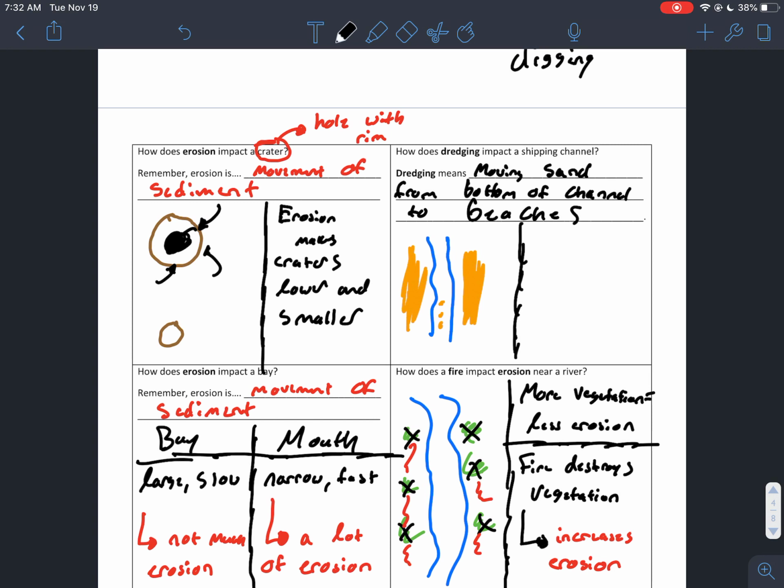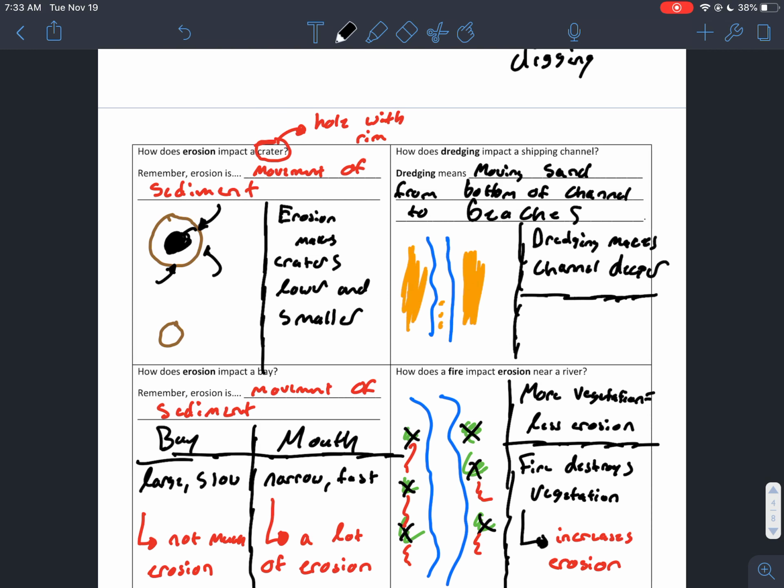So then let's think what happens. Dredging means moving sand from the bottom to the beaches. So if you're digging at the bottom of the river, what is that doing? Well, it's making the channel deeper. So you're going to write dredging makes channel deeper. You're going to dig out that sand, and you're going to move it to the beach.